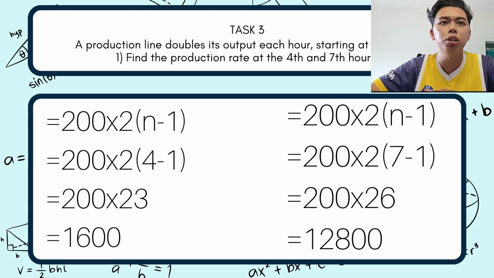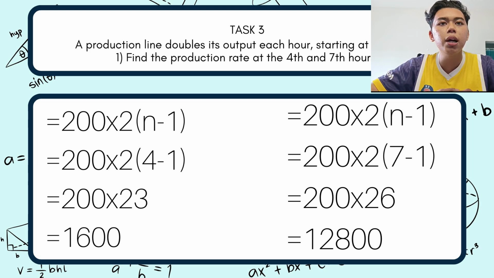The calculation for the fourth hour is given by 200 multiplied by 2 power 4 minus 1. We get 200 multiplied by 2 cubed, finally we get 1600 units.